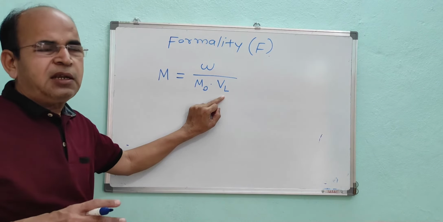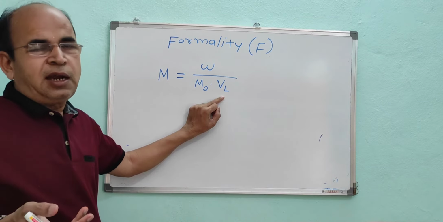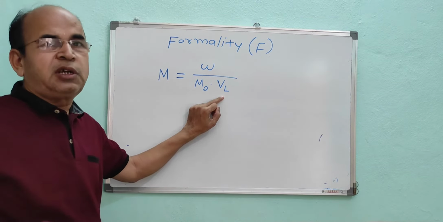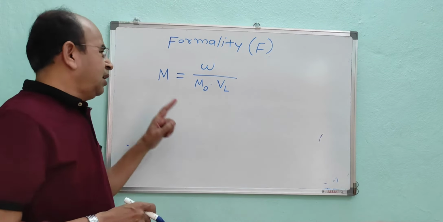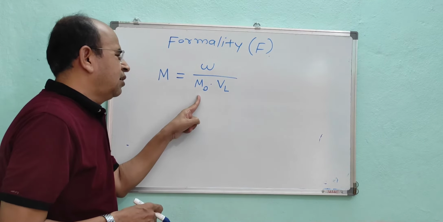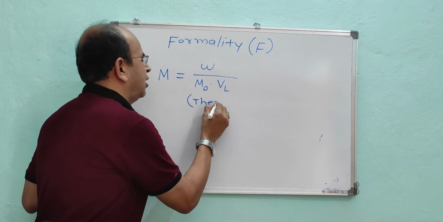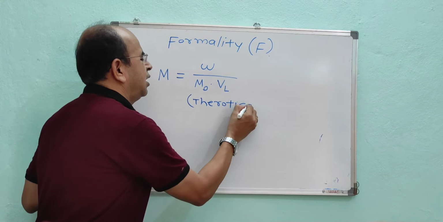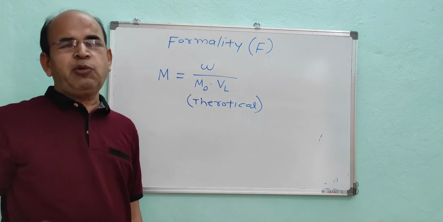Sometimes it is found that the molar mass calculated and the molar mass observed are different. Now in case of molarity, the molar mass that we take is theoretical, meaning it is calculated by using the molecular formula.